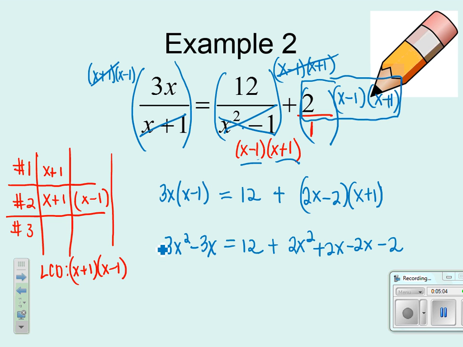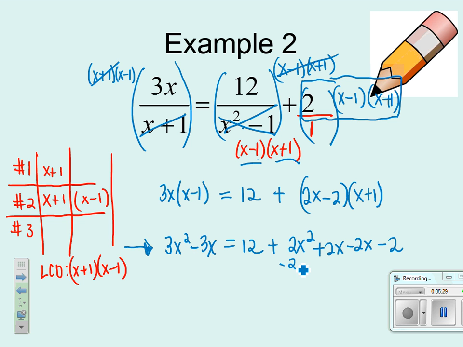Now look at this. I have no denominators and only numerators. And since I only have numerators, this is where I want to be. Now I look at it and say, is it a linear problem or a squared problem? It looks like it's going to be a squared problem. I got some squareds in here. That means I have to set this equal to 0. So I got to get everything on one side. All right.